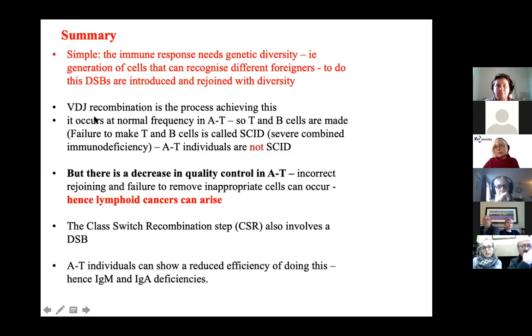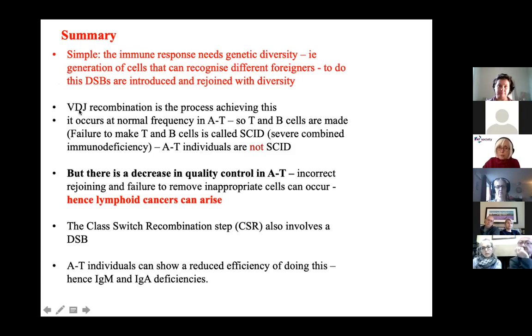There are several processes during the development of the immune response that all help us achieve that. Bizarrely, it exploits many of the same proteins that we use to maintain stability in our normal cells, but it does it in a clever way.